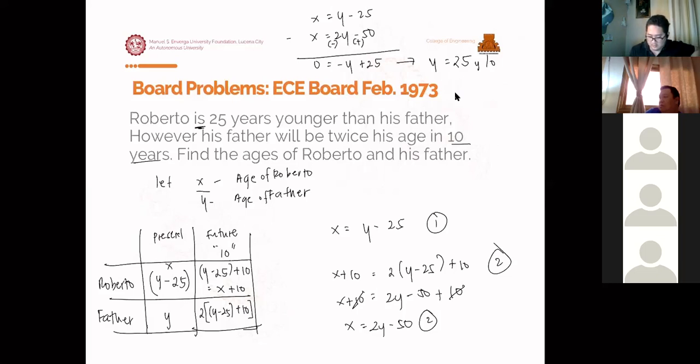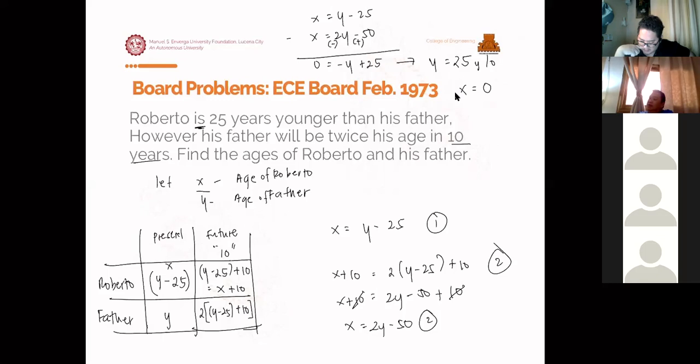So yung x nga dito, kung 25 yung tatay niya sa present, dito wala pa siya, hindi pa siya pinapanganak yan. Okay. Anyway, 25 years younger than his father. However, his father will be... zero age.